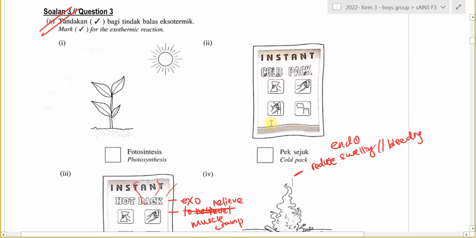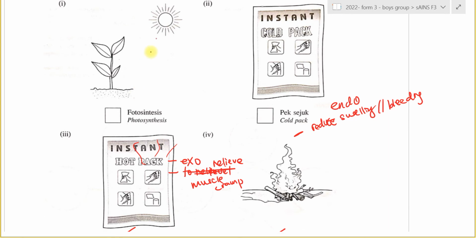All right. On the other hand, the cold pack, cold means endothermic, and photosynthesis also cold. Because why cold? It absorbs all the sunlight already, all the heat energy from the surrounding. So the surrounding will be cooler. Okay, not the leaf, the surrounding. We are talking always about the surrounding, not the chemical substance.